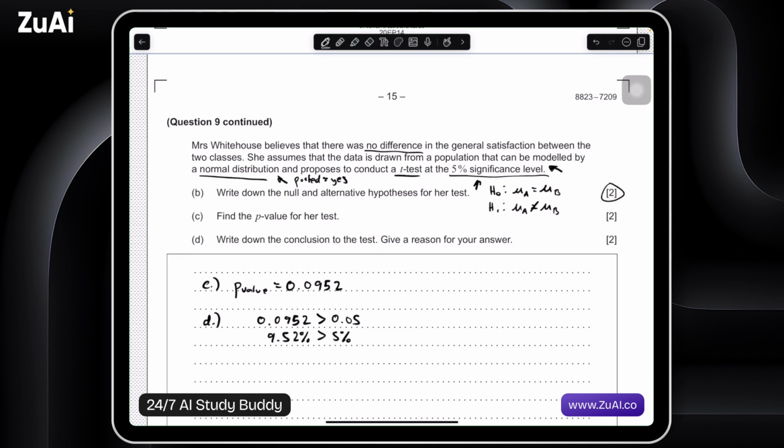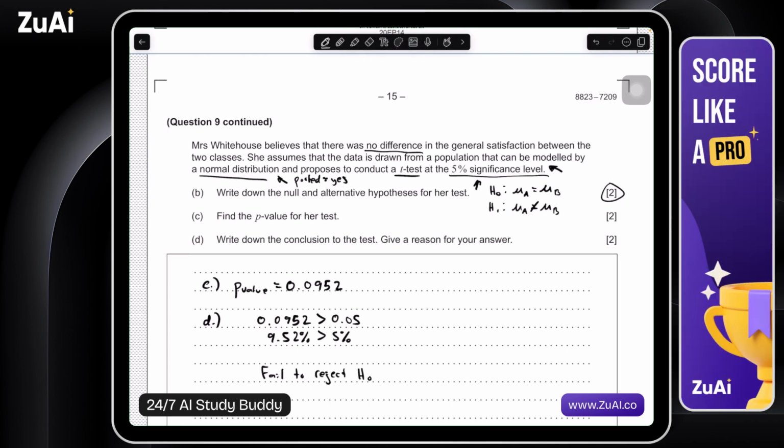And then what does that mean? Our p-value is greater than the significance level, so we fail to reject H0. Can you write accept? To be honest, I'm not sure. I haven't received clarification on whether you can write accept to be absolutely safe. Fail to reject the null hypothesis.